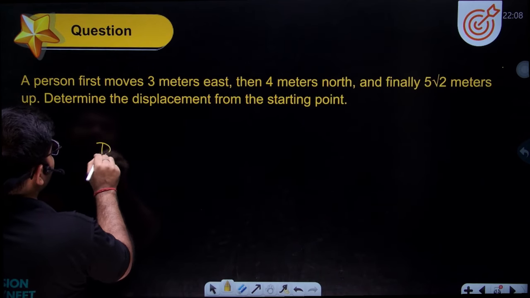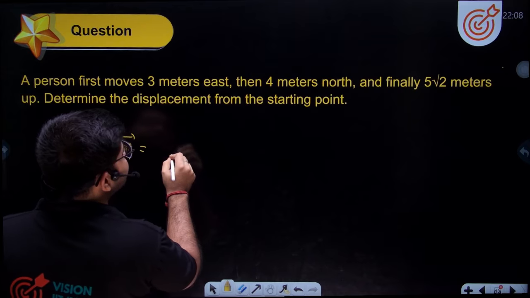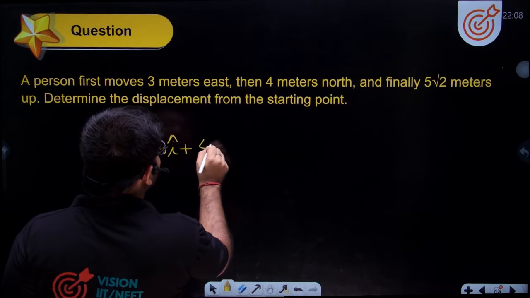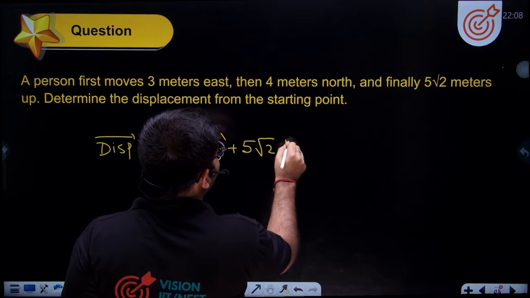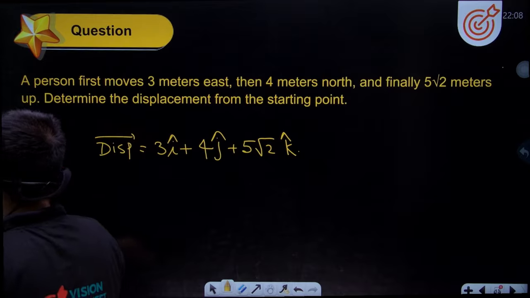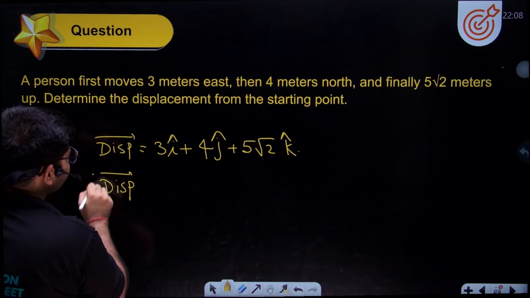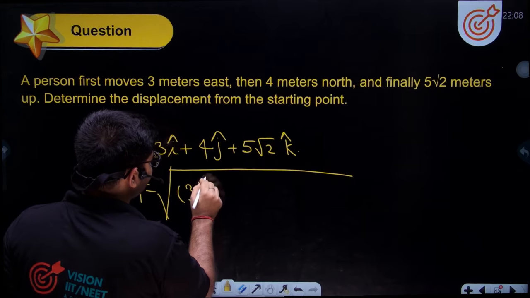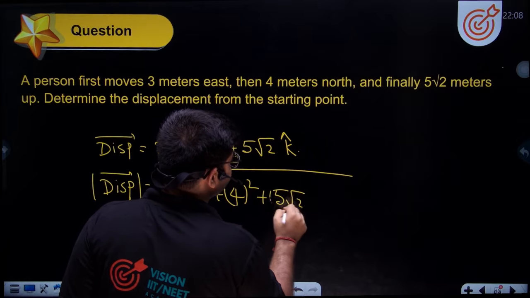Same thing, we are going to write the displacement as 3 meters east, so 3 I cap, plus 4 meters north, so 4 j cap, and 5 root 2 meters up, so 5 root 2 k cap. And my work is done basically. So the magnitude of my displacement is root over 3 square plus 4 square plus 5 root 2 whole square.